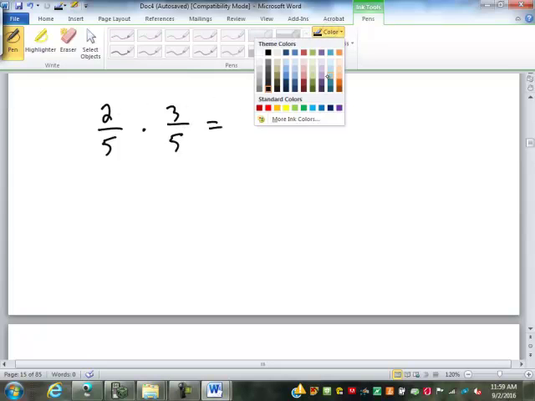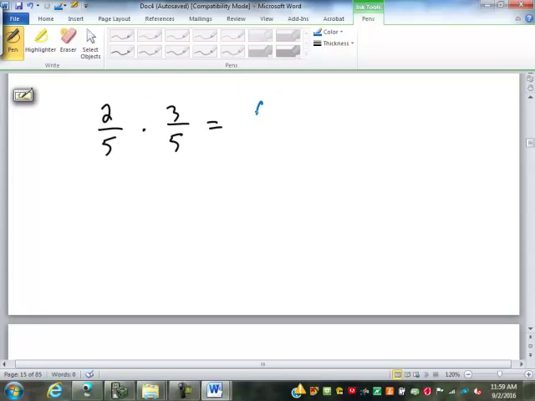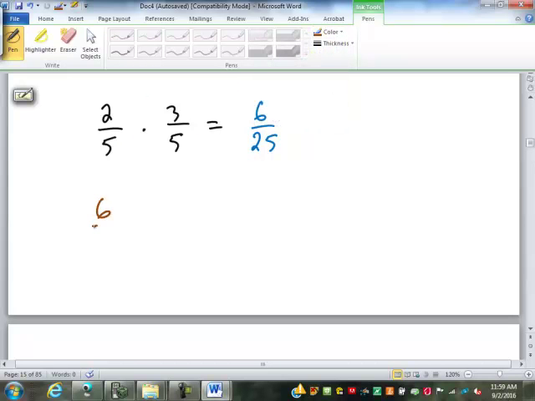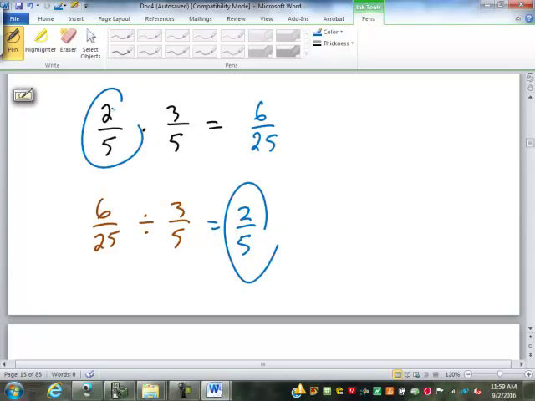We just multiply straight across, right? 2 times 3 is 6. 5 times 5 is 25. Does that mean I could do 6/25 divided by 3/5, and I could just divide straight across? 6 divided by 3 is 2. 25 divided by 5 is 5. Gave me the right answer, right? Actually, that is the right answer.